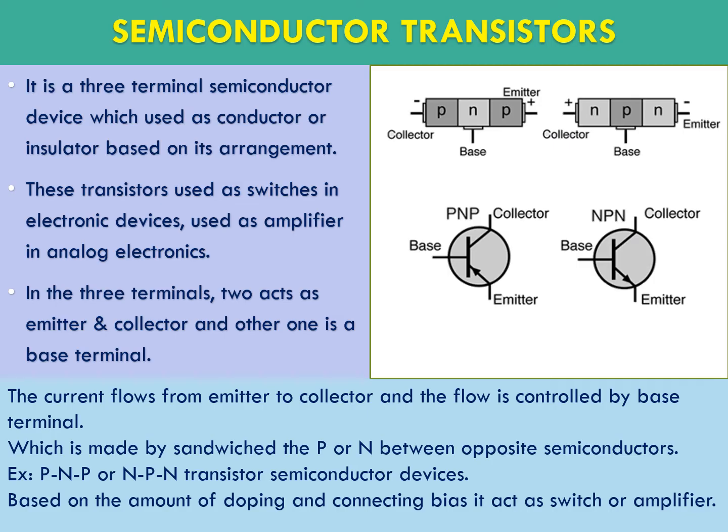It is a three-terminal semiconductor device which is used as a conductor or insulator based on its arrangement. If you see here, there are three semiconductors: p-type, n-type, and another p-type.